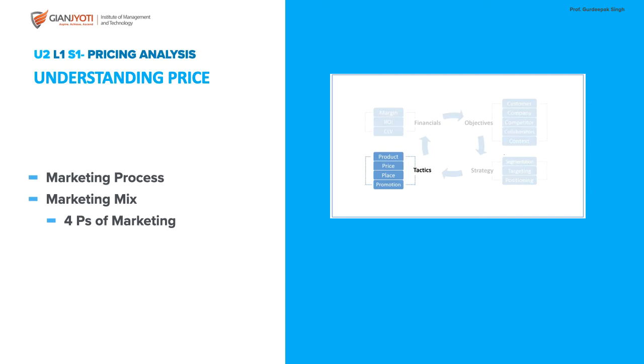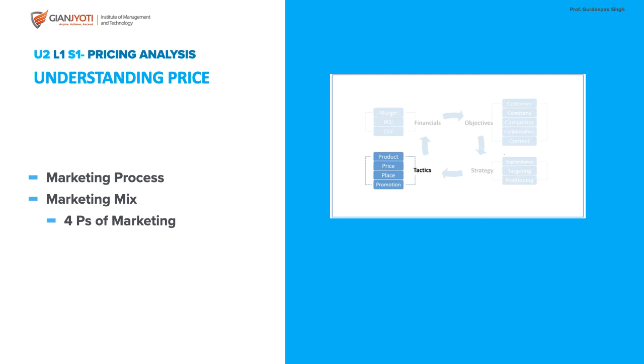When we talk about price, we need to look at the marketing process as a whole. If you remember, we talked about objectives, then comes your strategy, in which we discussed things related to customer and also related to product, which is STP, that is segmentation, targeting, and positioning, and that is where you make your strategy.